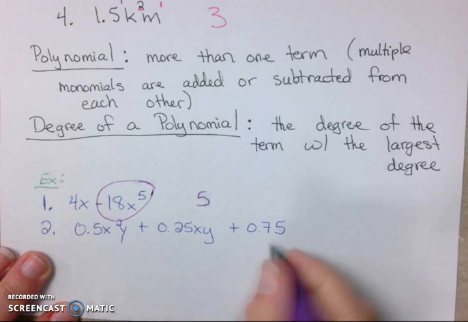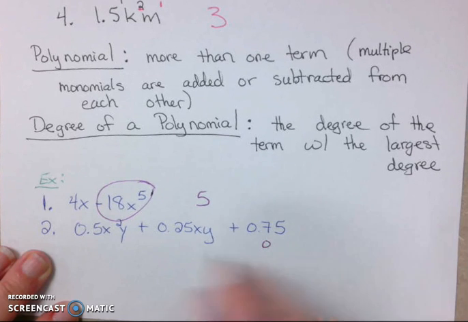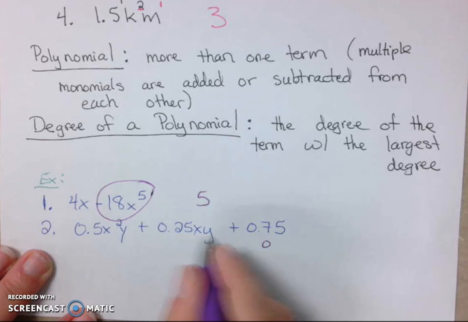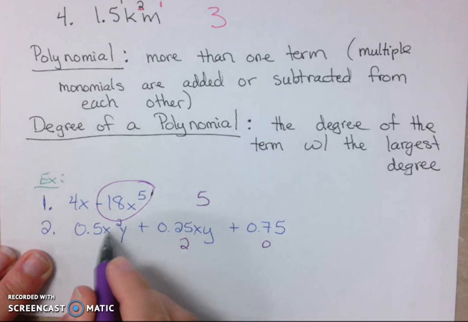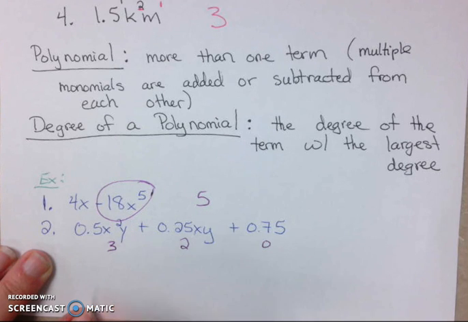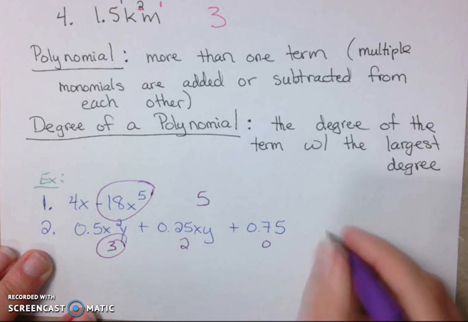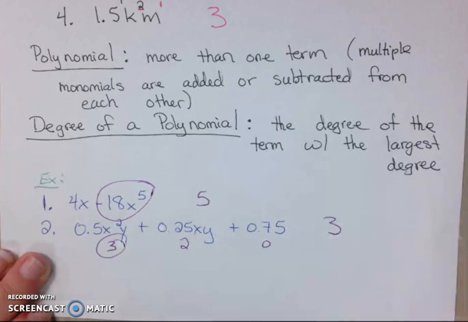All right, here this has a degree of 0, because it's just a number. This has 2 letters. They don't have exponents, so they each are worth 1, so you add them together. That's a degree of 2. X squared and y, that's a degree of 3. So here's the largest degree. The degree of that polynomial is 3.